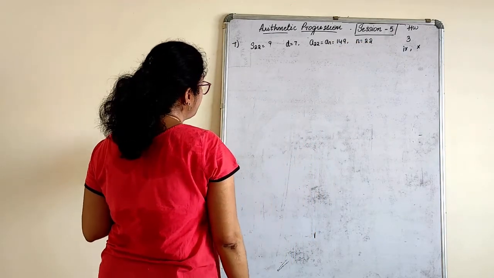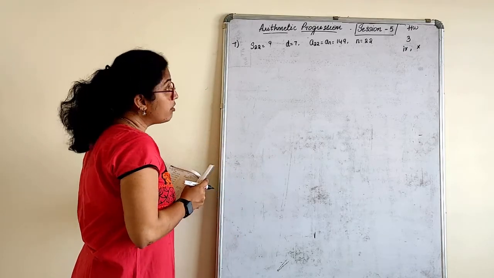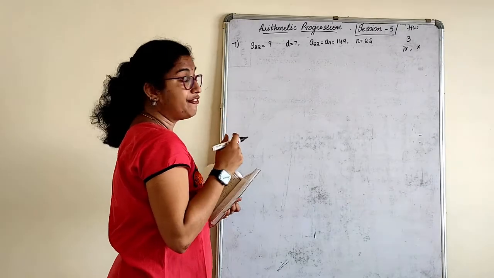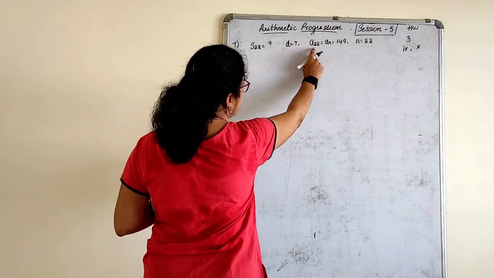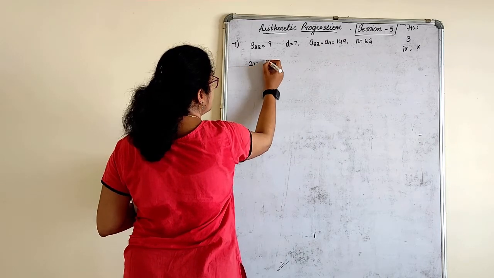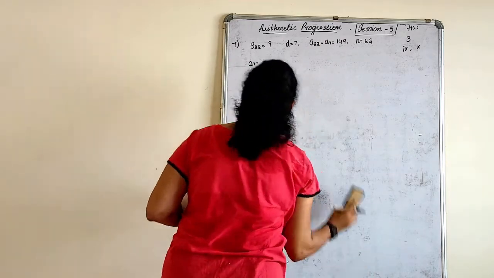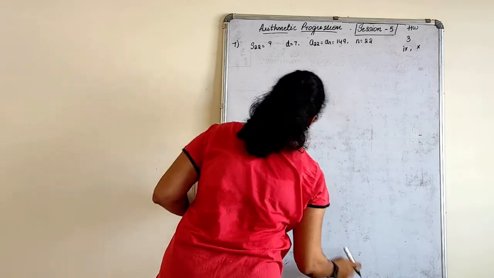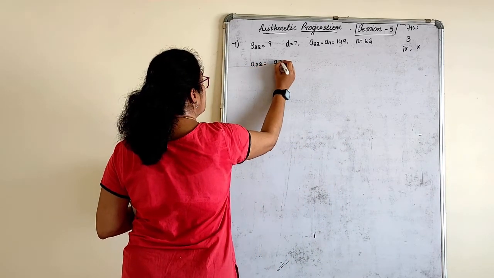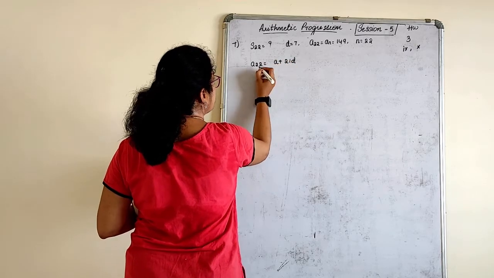So to find S22, we also require A. First of all, we have D. Using D, An and n, we'll find A. Start with A22 only. A22 is equal to A plus 21D.